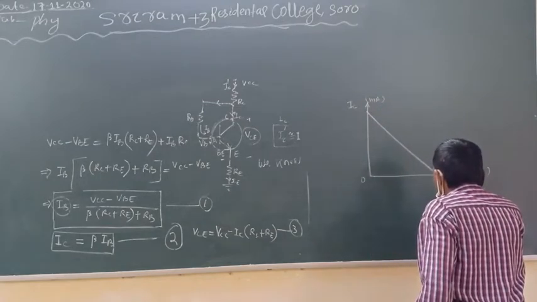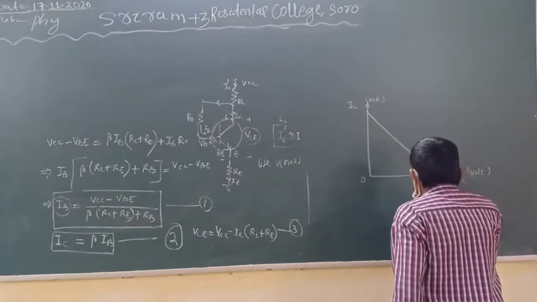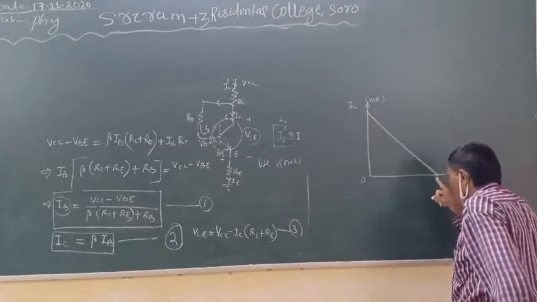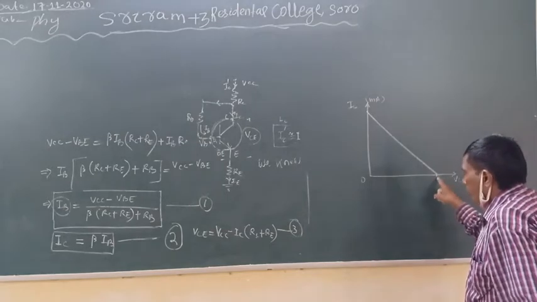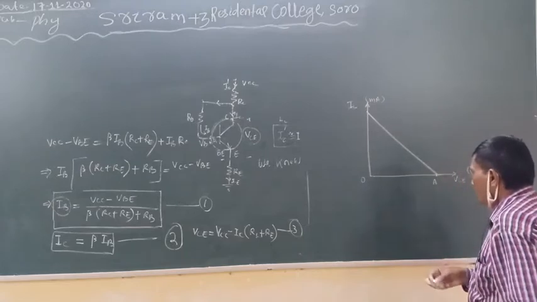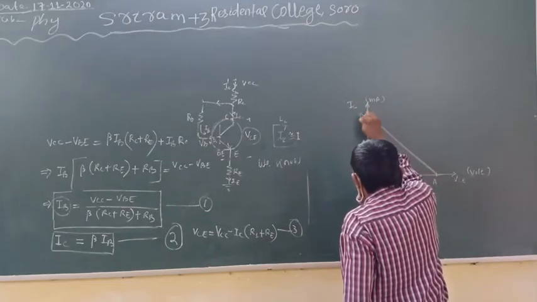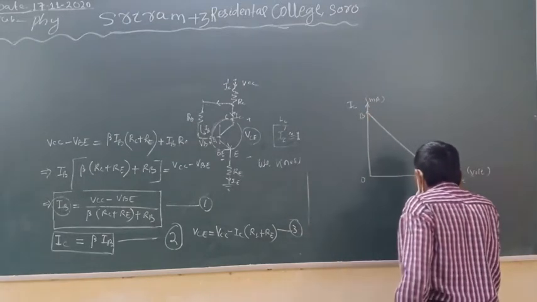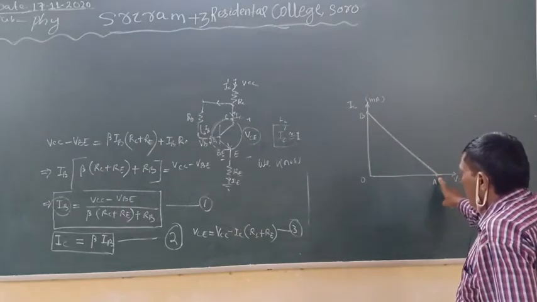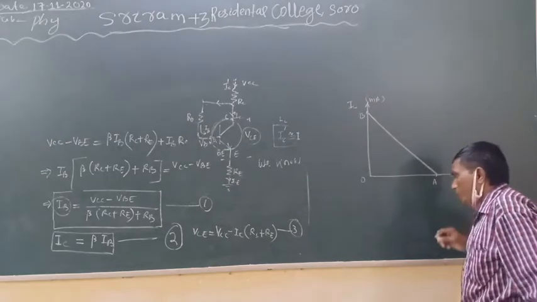Now this load line intersects the x axis at point A, and intersects the vertical axis at point B. Now we calculate the value of point A. That is a graphical, or geometrical, point.